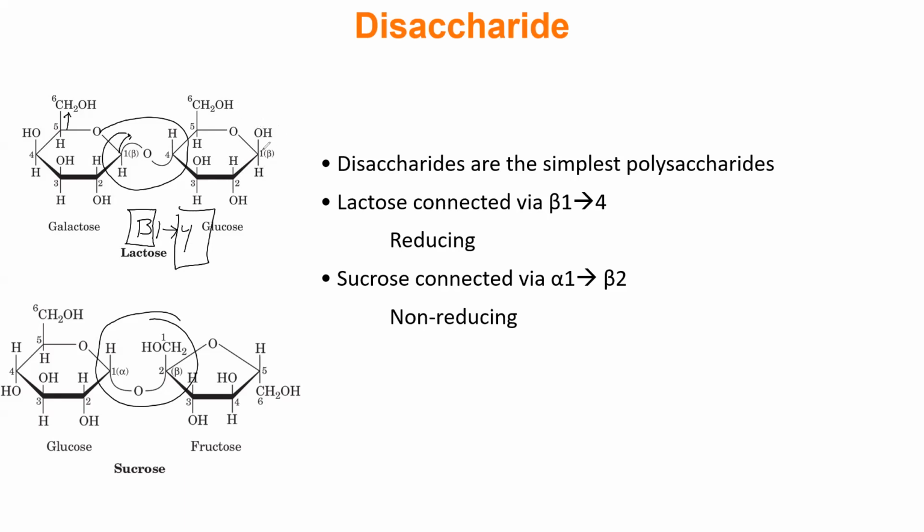And then when it reforms, this could become an alpha glucose, right? So only give alpha and beta if your anomeric carbon is part of the bond that connects your disaccharides. Can't stress that enough because every single time I've asked this question on the exam, and I'm going to ask it on test 3, at least 50% of the students will put like, oh, this is beta 4. And that doesn't make sense. You only use alpha and beta for anomeric carbons, like we see down here.